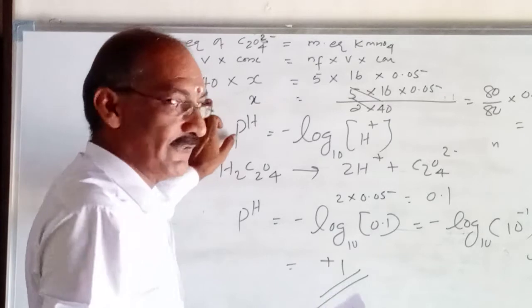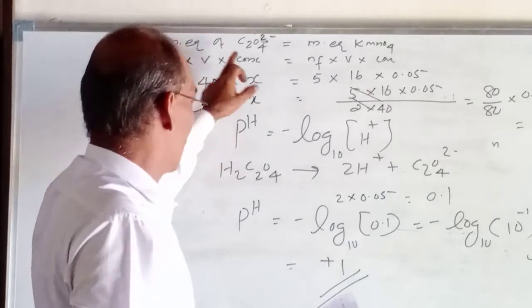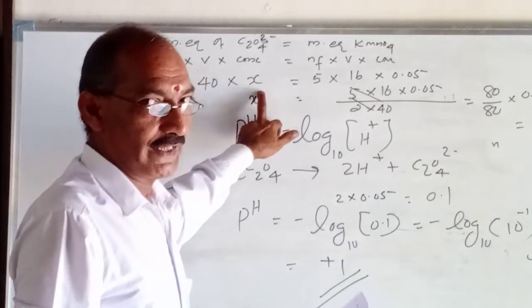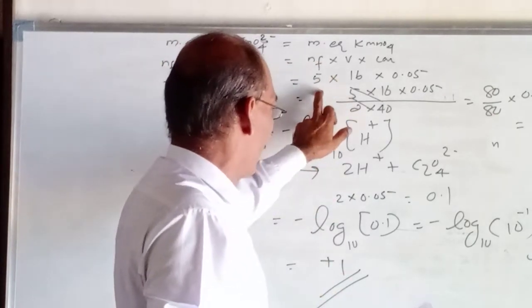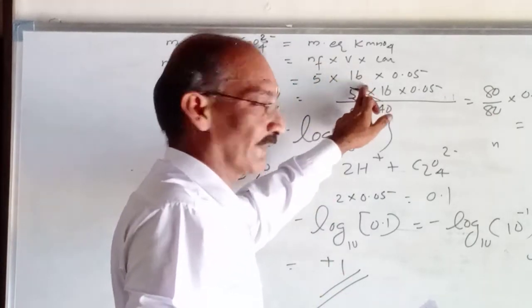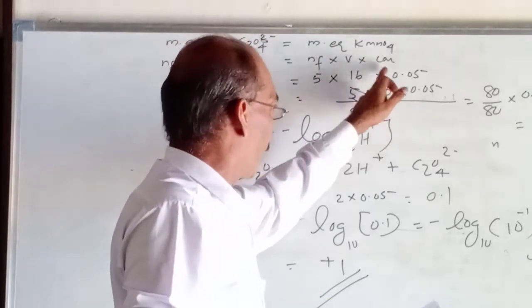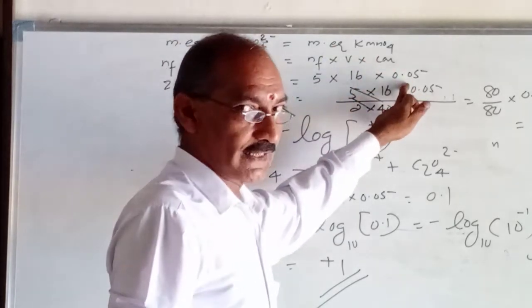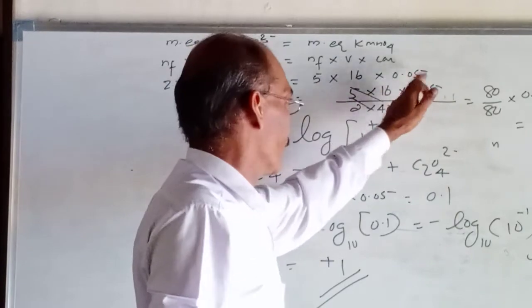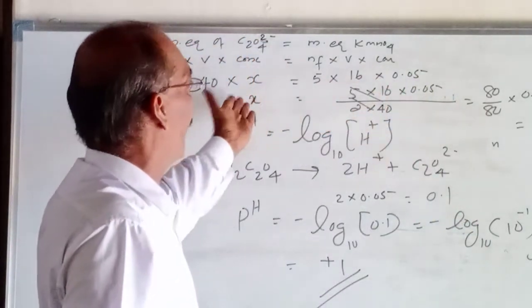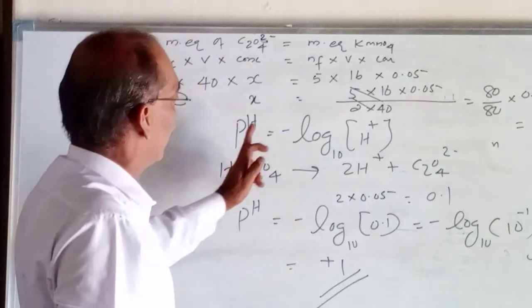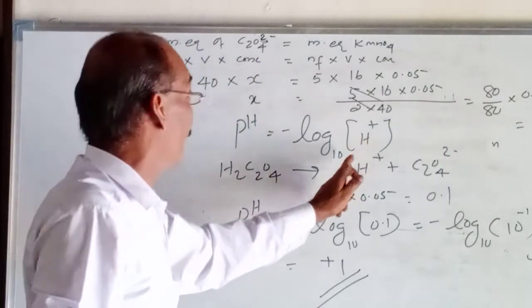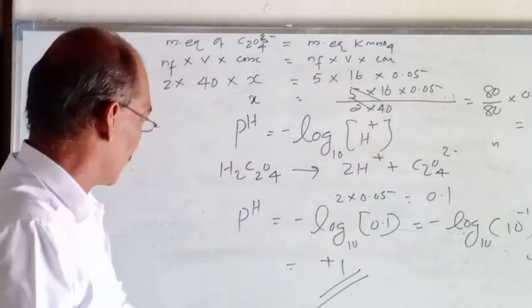And the volume is given in the question, that is 40. Concentration is unknown, therefore we can take it as X. And on the other side, NF factor is 5, the volume given is 16, and the concentration is known because that is also given in the question paper, 0.05. From that we can find X is equal to 0.05. Then we can write pH is equal to negative logarithm to the base 10 of H plus ion concentration.